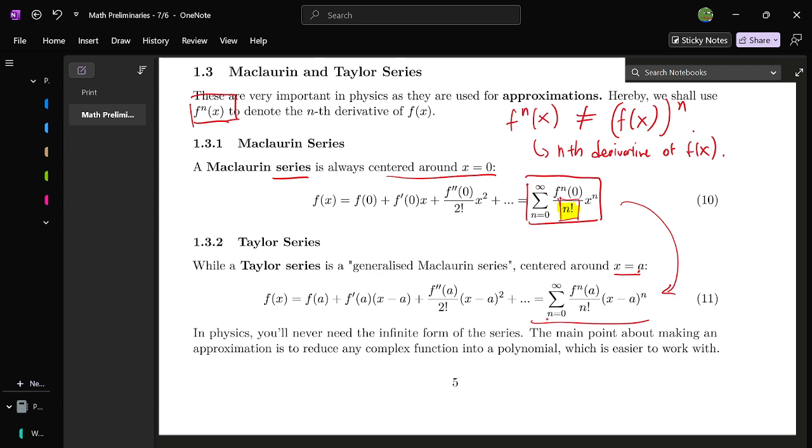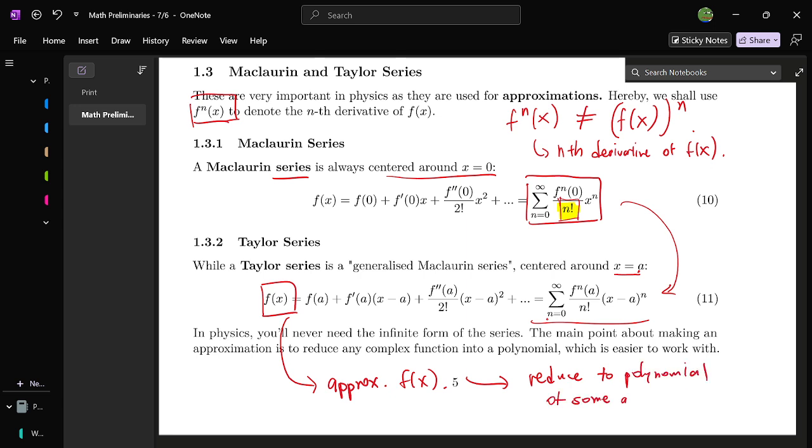So in physics, you basically never need the infinite form of these two series because what we are concerned about is an approximation that reduces the function f(x). You want to approximate f(x), which means you want to reduce it to a polynomial of some appropriate order.